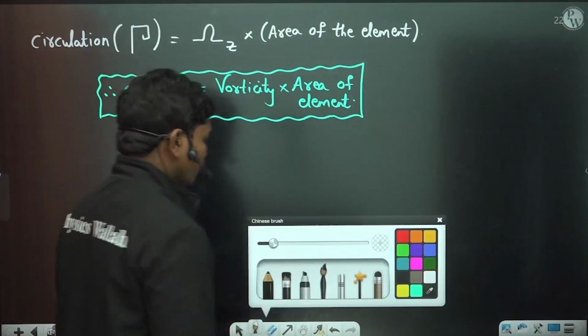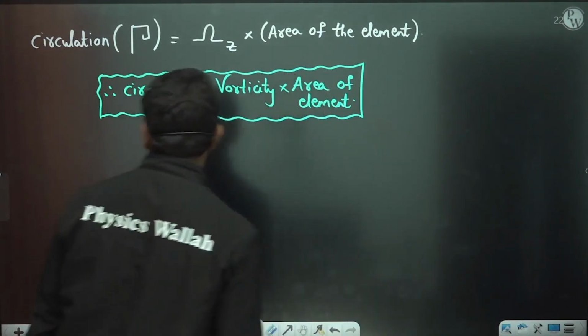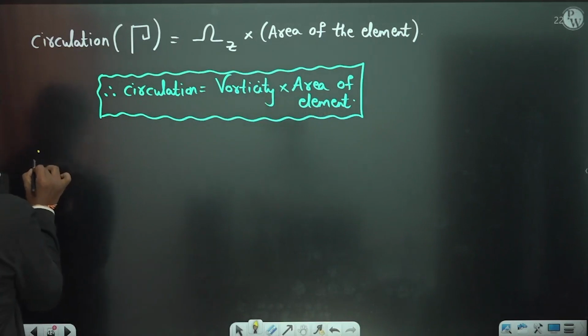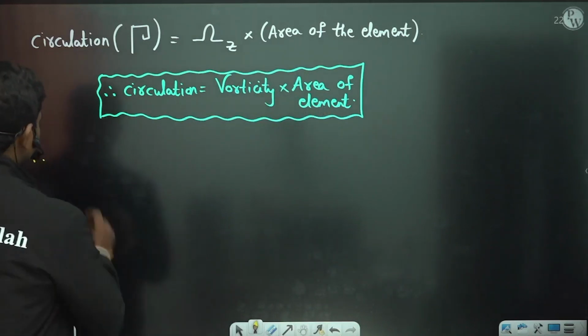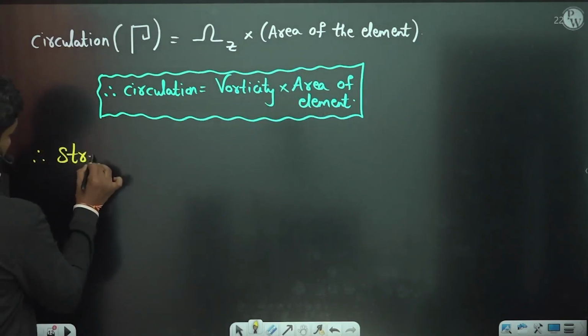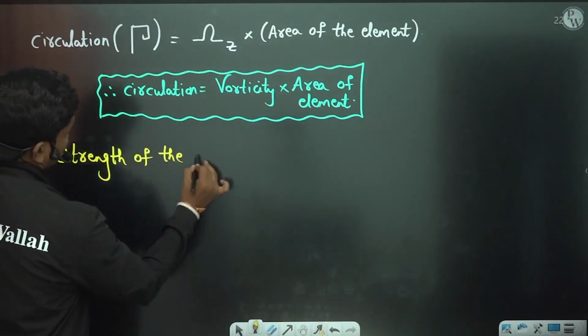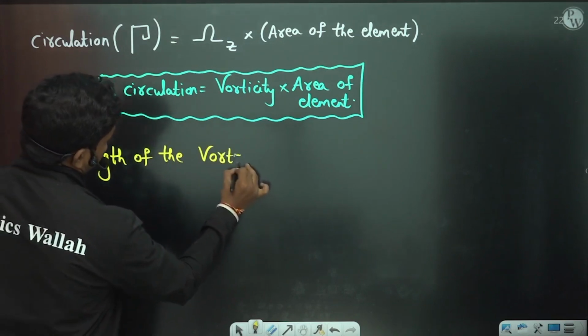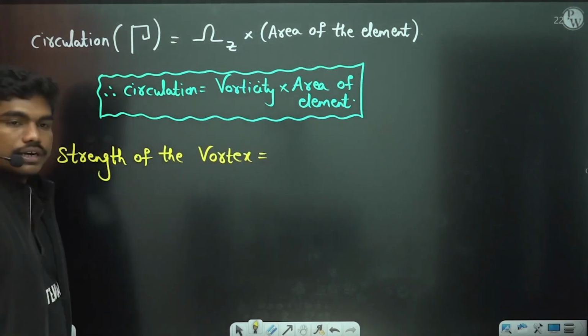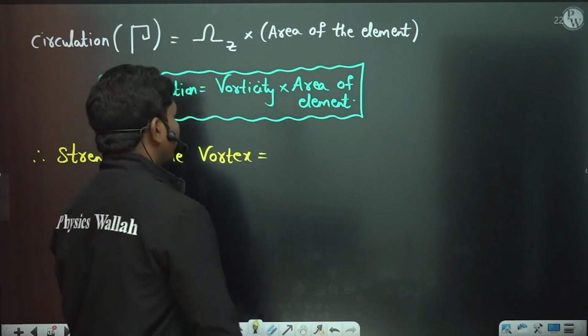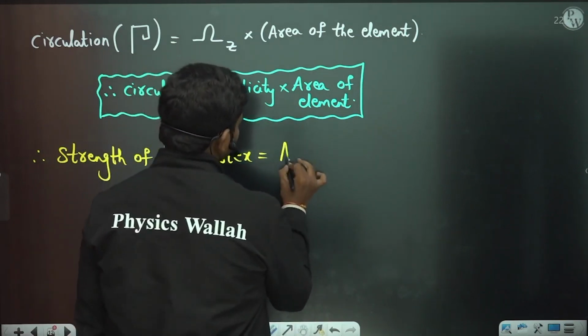So the strength of the vortex is equal to the associated circulation.